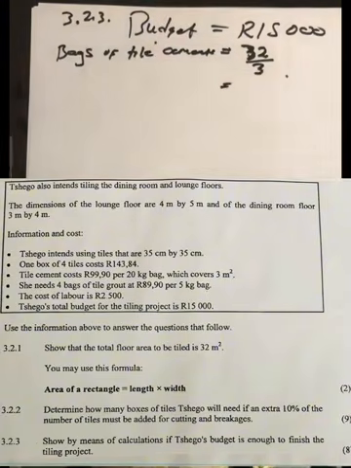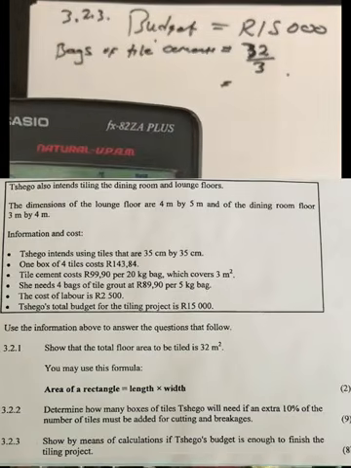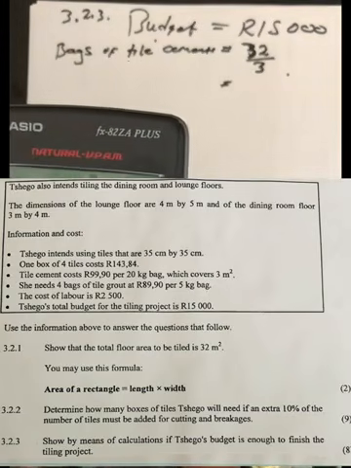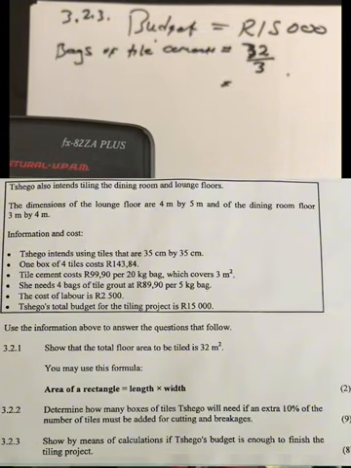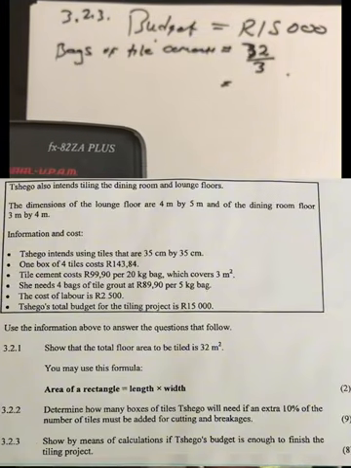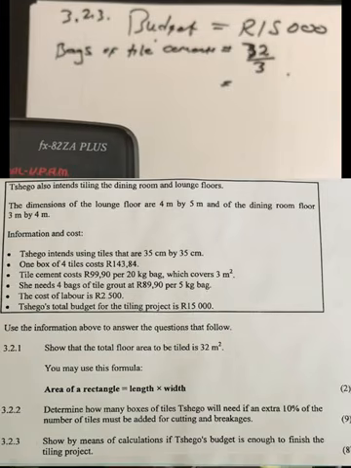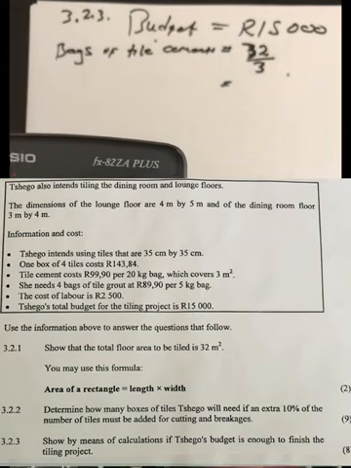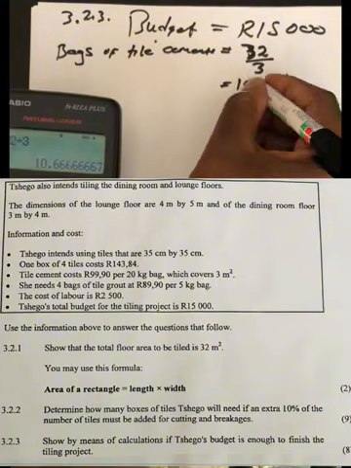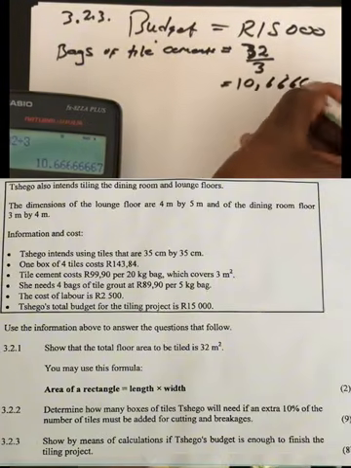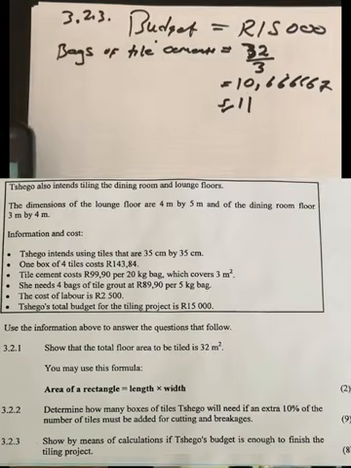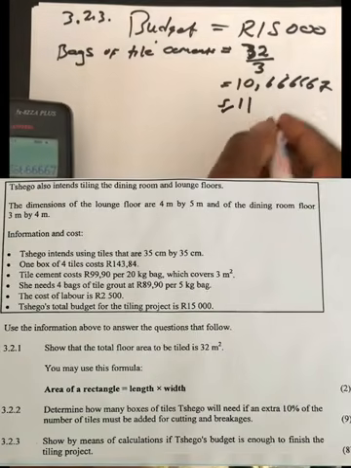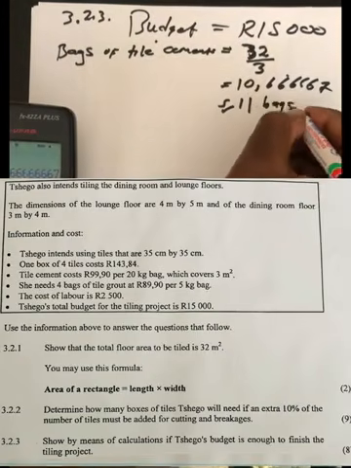So we just have to say 32 divided by 3, which is 10.6. Like I told you before, we must always round up. 10.666667, which is 11 bags. She's gonna need 11 bags.